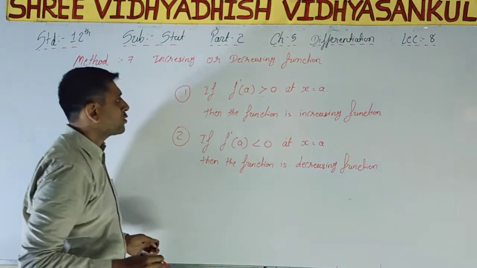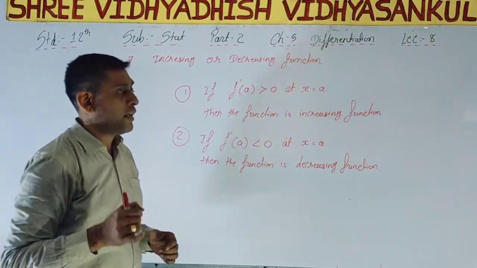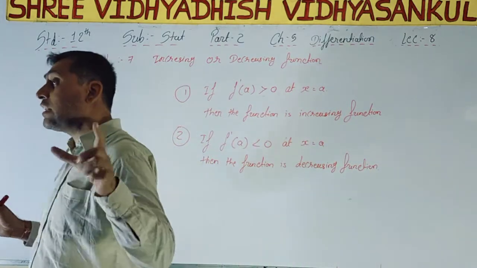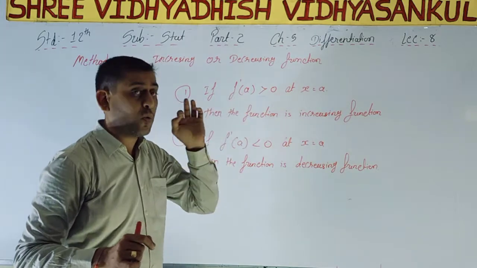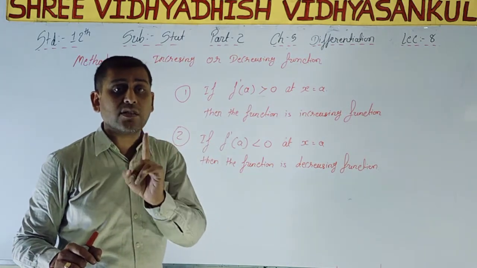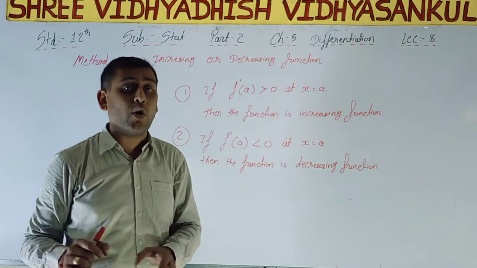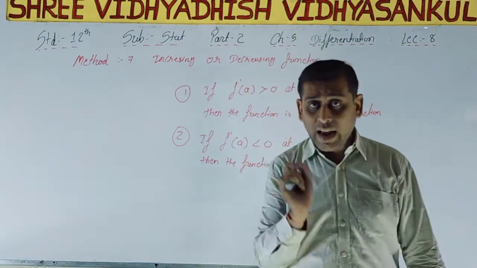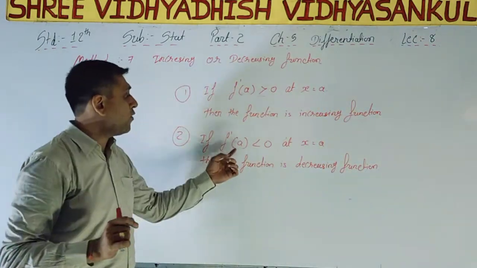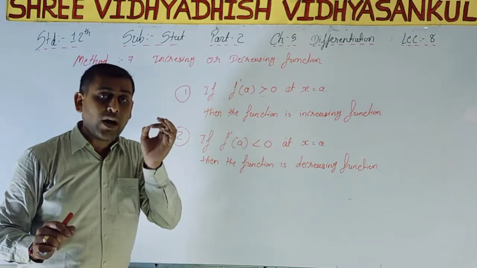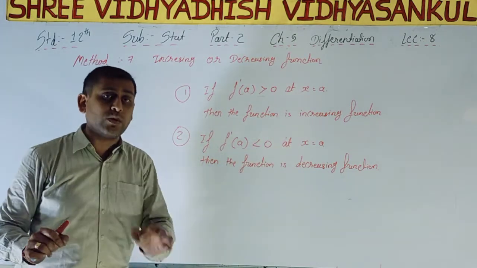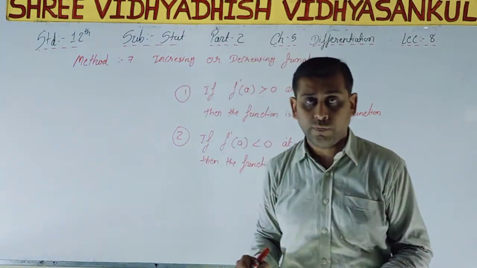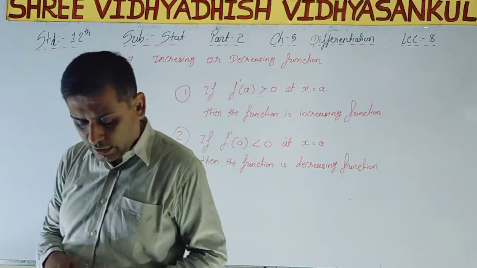These are the two rules. When x is equal to a, if f dash a, the first derivative at a, is greater than 0, that means the answer is positive, then it will be an increasing function. And if the first derivative at x is equal to a is negative, that is less than 0, then the function is said to be a decreasing function.